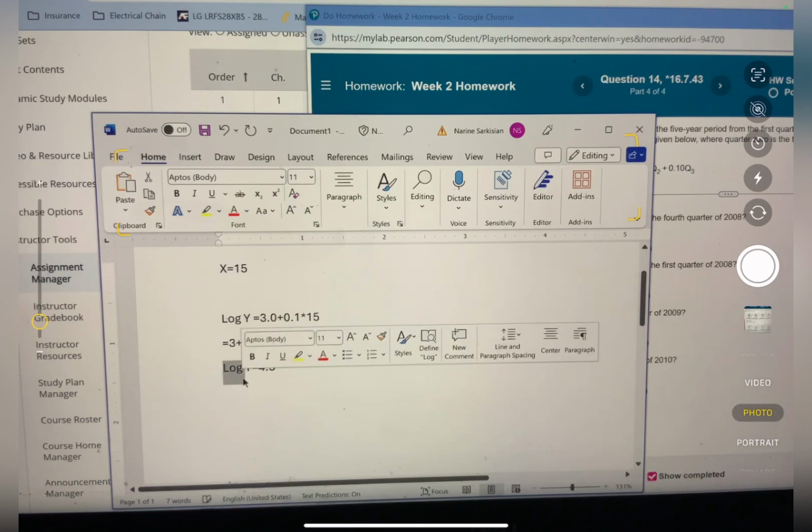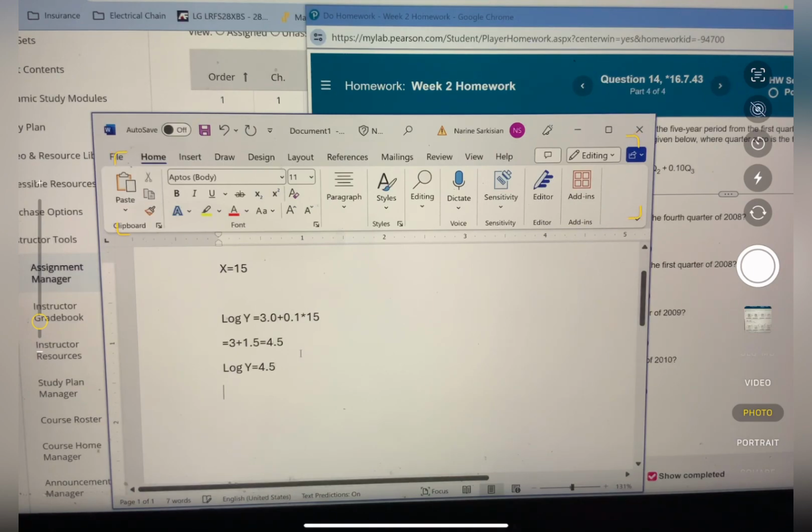Okay, so from here, y is going to be equal to 10 raised to the power, this is how we put power, 4.5.